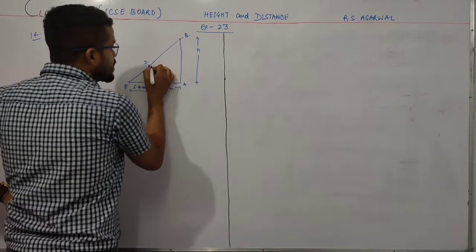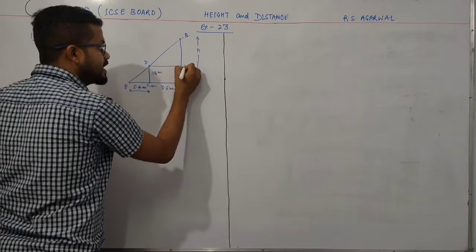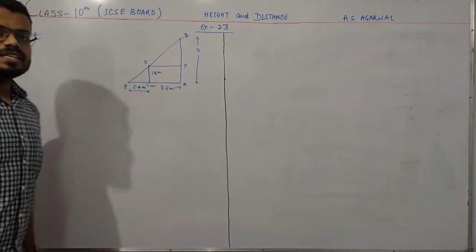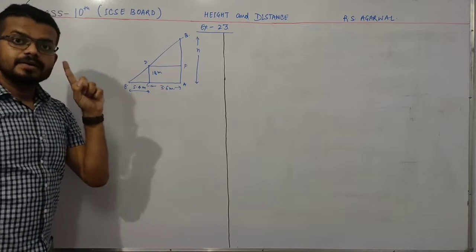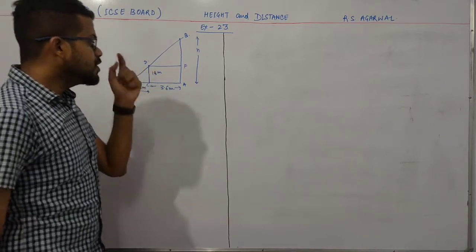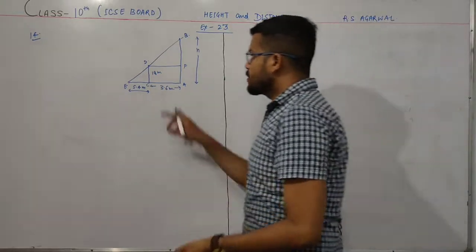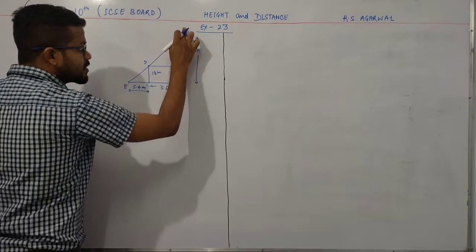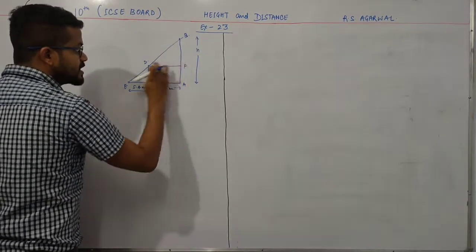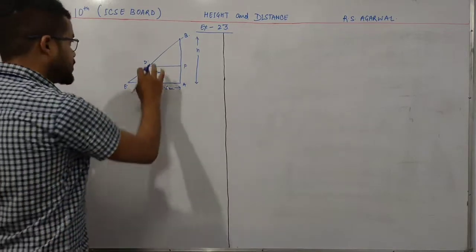Now again we'll draw the horizontal line and I name this point as F. Why do I draw this horizontal line? Because we always deal with the right angle triangle. By drawing this line, we now have two right angle triangles, one is this and the other is this. So that's why I joined this line.